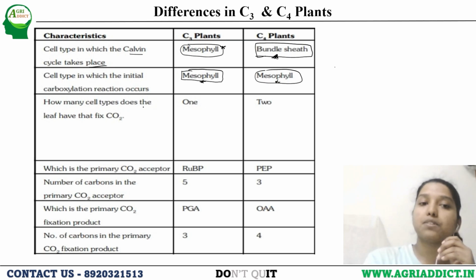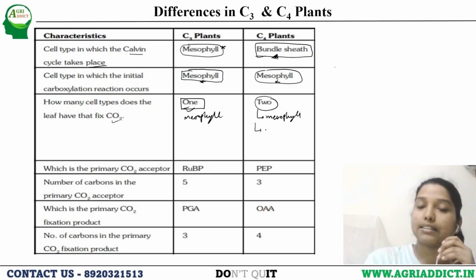How many cell types does the leaf have that fix CO2? In case of C3 plants, we have only one cell type, that is mesophyll. But in case of C4 plant, we have two: one is mesophyll and the second is bundle sheath. Okay.